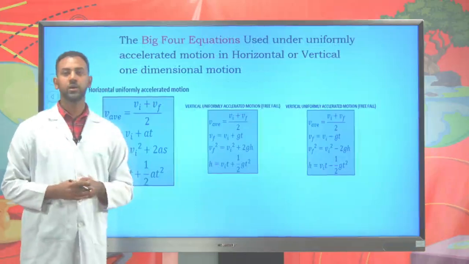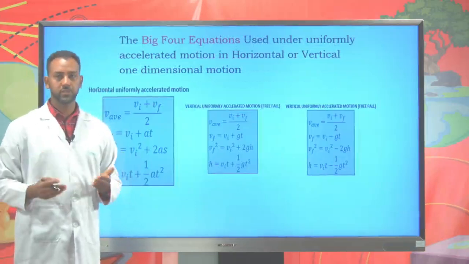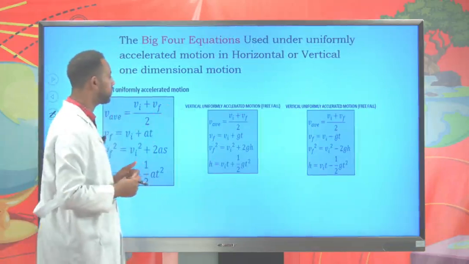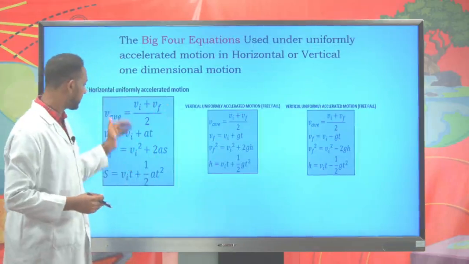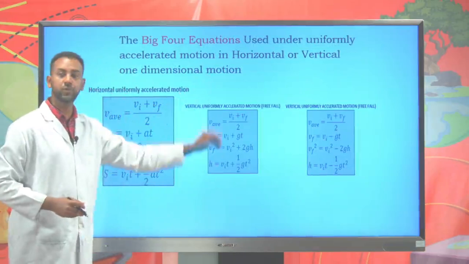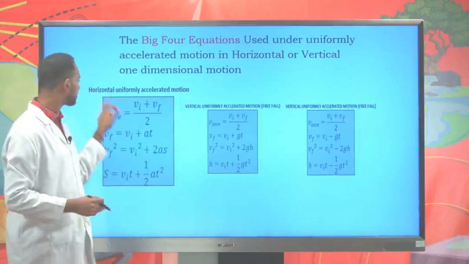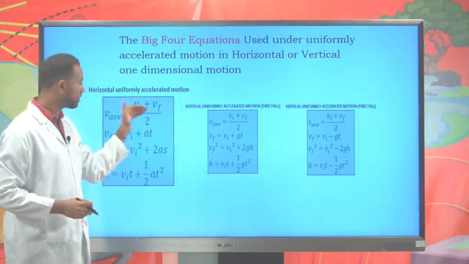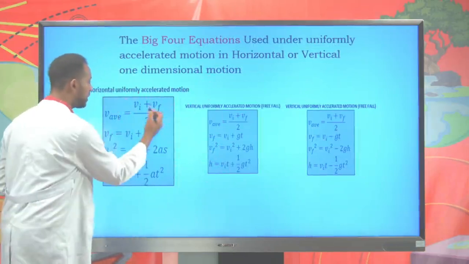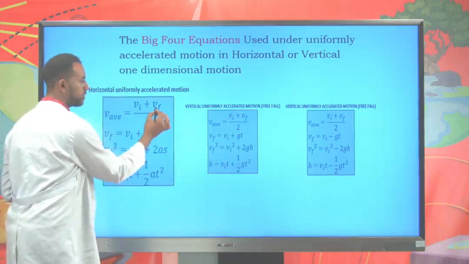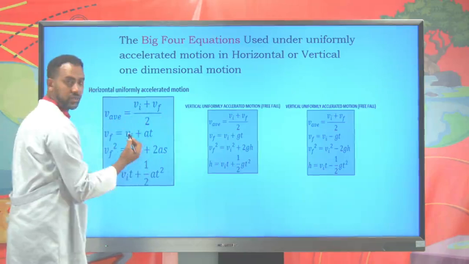And the big 4 equations, or mathematical formulas, used for uniformly accelerated motion are these. They apply for uniform horizontal motion, or it might be for a free fall vertical motion. For a uniform horizontal motion, the big 4 equations can be given as: the average velocity is equal to the initial velocity plus the final velocity over 2.